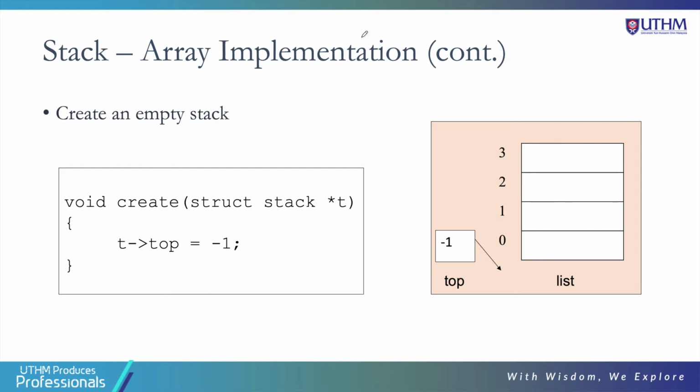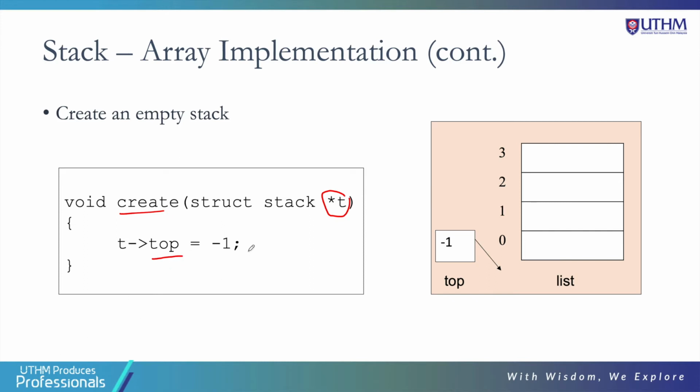Alright, after that I create another function. This function is used to create an empty stack. The name of this function is create, and I declare an instance of stack, which is t, and then I instantiate the top.